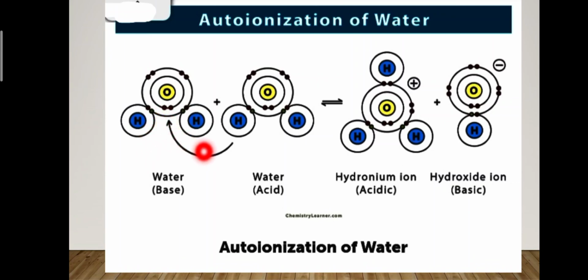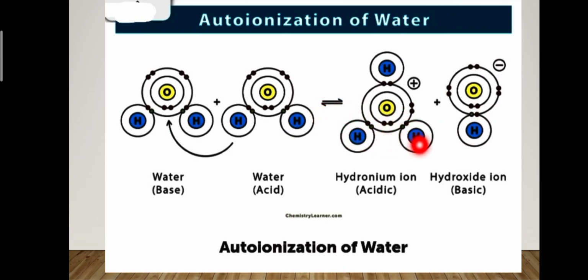It accepts the proton of another molecule of water which acts as an acid. The molecule of water which acts as a base forms hydronium ion, and the second molecule of water, which acts as an acid, forms hydroxide ion. It is a reversible reaction.